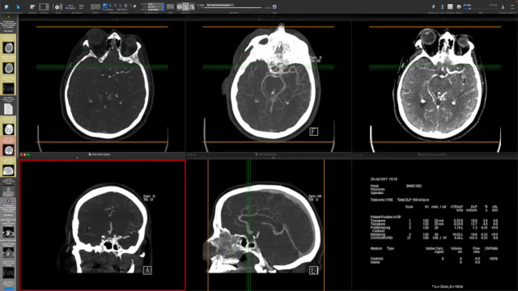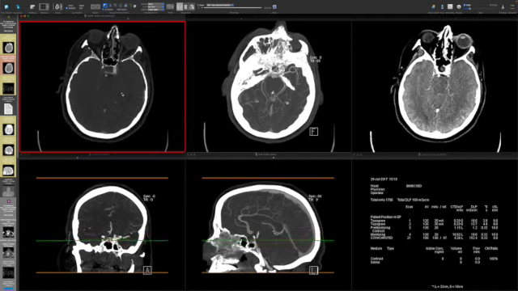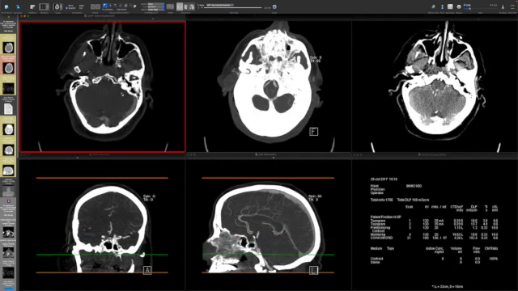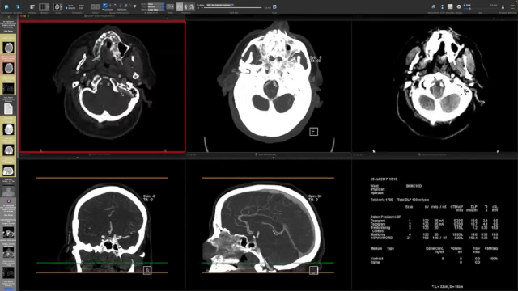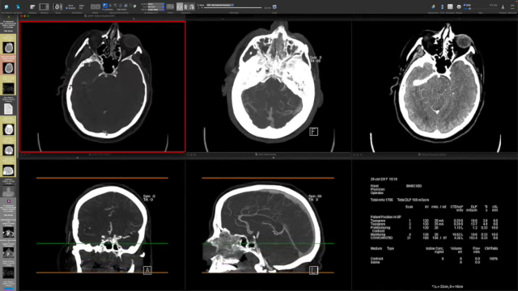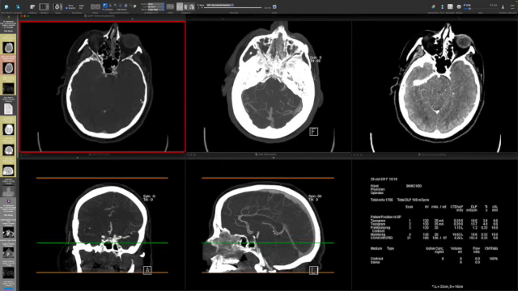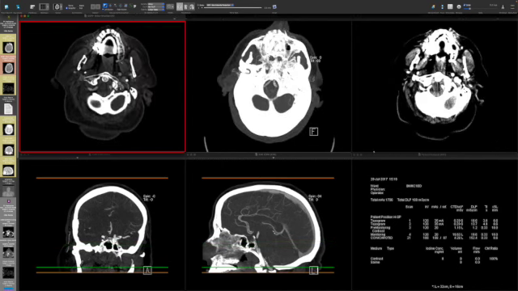Obviously, this is a study that's performed with IV contrast, and the scanning is timed to the bolus injection so that we get mostly arterial opacification. You can see there is some venous opacification here, particularly in the superior sagittal sinus and some of the other dural venous sinuses. But we get nice arterial opacification.